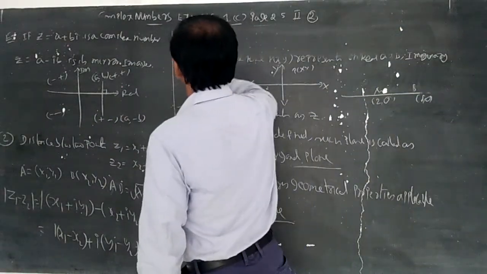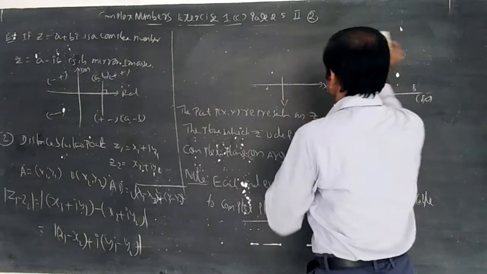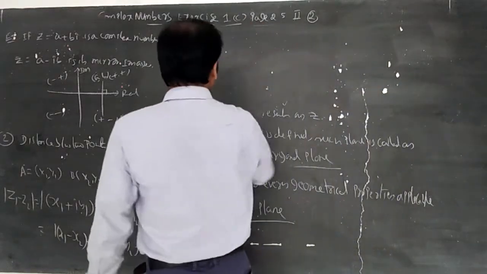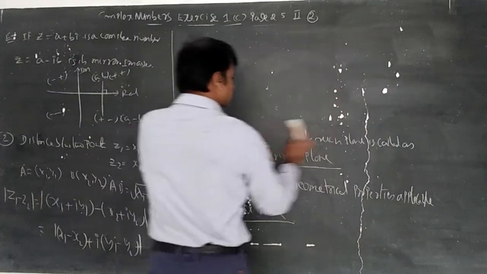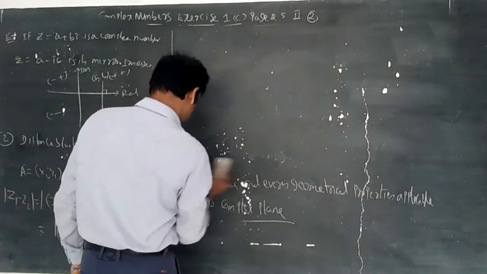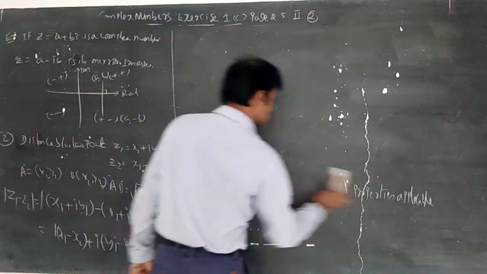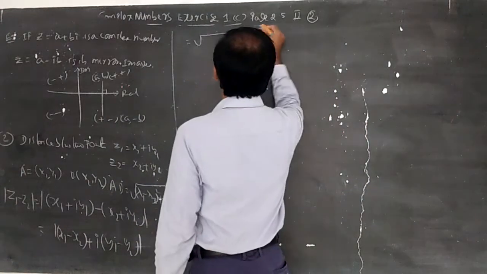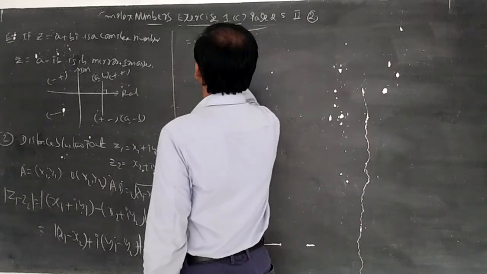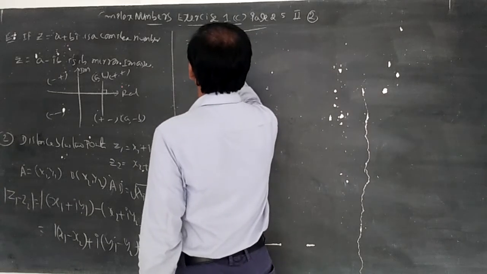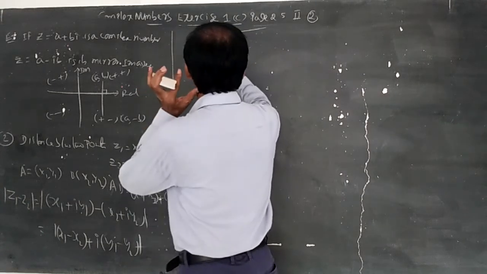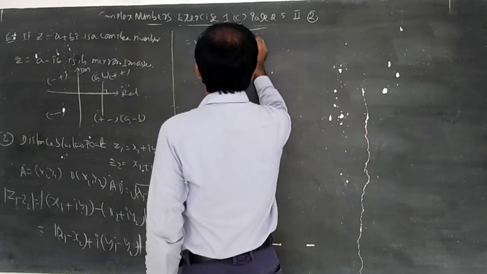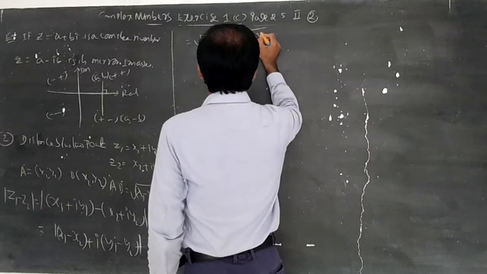So real part square here x1 minus x2 whole square, imaginary part y1 minus y2 whole square. That is equal to root of x1 minus x2 whole square plus y1 minus y2 whole square.